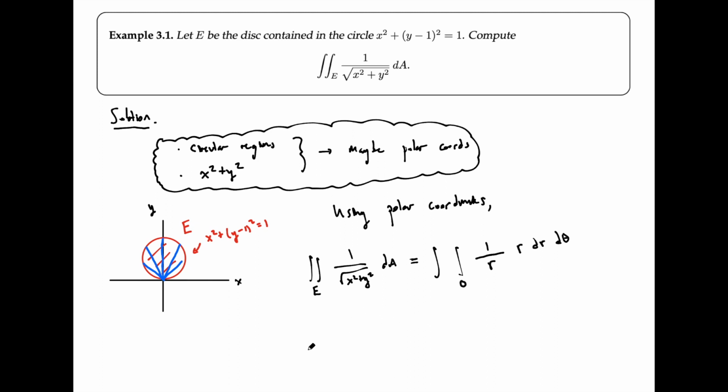What's trickier is the upper bound. The upper bound for r is not constant, right? Because if I walk along this ray, the length of this blue ray is definitely shorter than the length of this blue ray. At peak, when I walk in this direction, the farthest I walk out is 2, because that's the diameter of this circle, but the upper bound for r is not going to uniformly be 2.